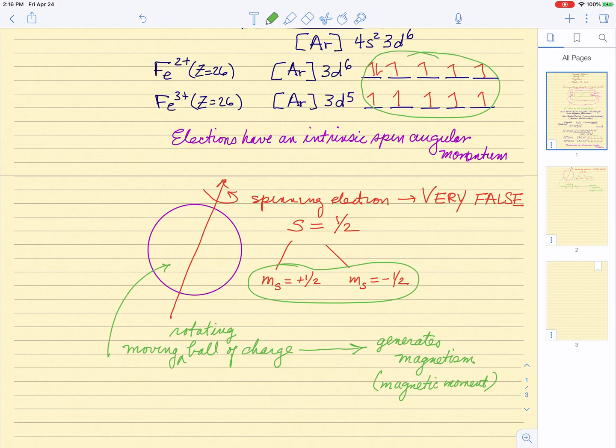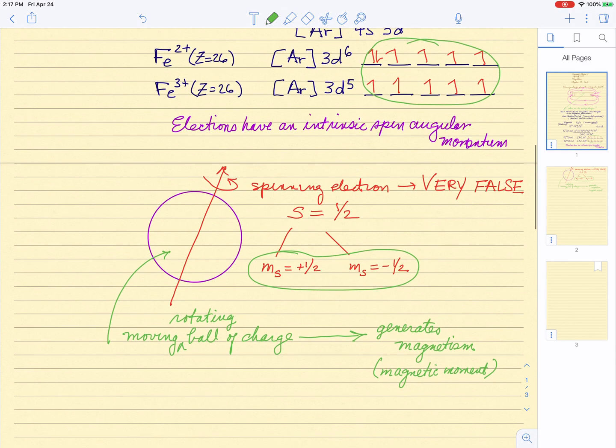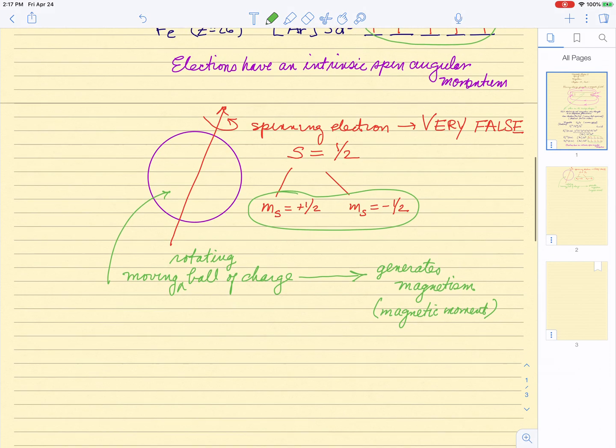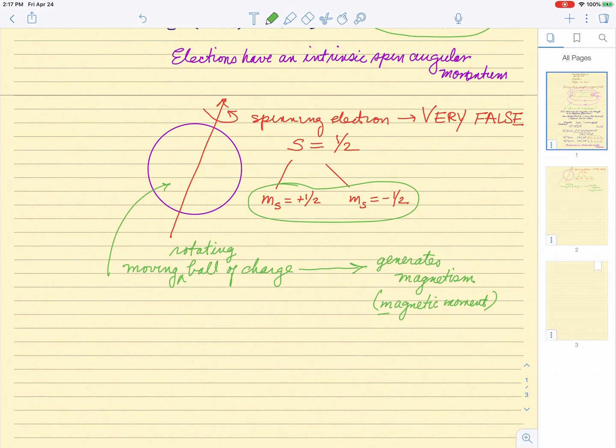So within these ions are electrons in d orbitals, and those electrons have an associated magnetic moment. And in these crystals, these magnetic moments align, and they align in such a way in what are called domains that they can be permanently magnetized.